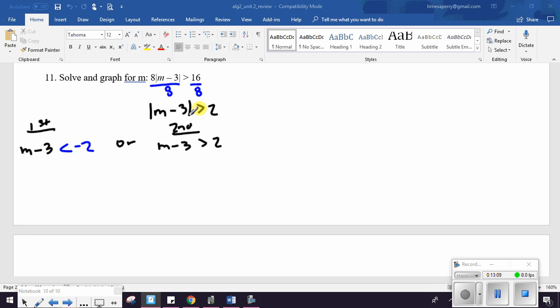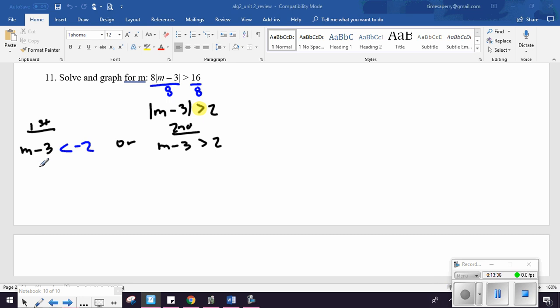So when you write the two cases, you drop the bars, and remember that on an or, you're going to have less than the negative or the opposite outcome, but greater than the original outcome, or whatever the original outcome was in that case.